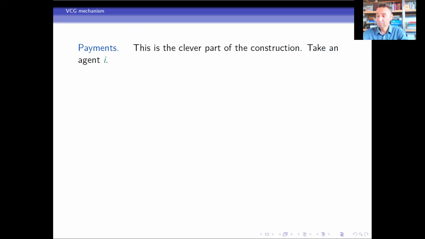Just imagine that he is not present. All the other agents are present except agent i. What you can do then is look at those allocations that maximize the total reported valuation of all the other remaining agents. That is the b_i double star.